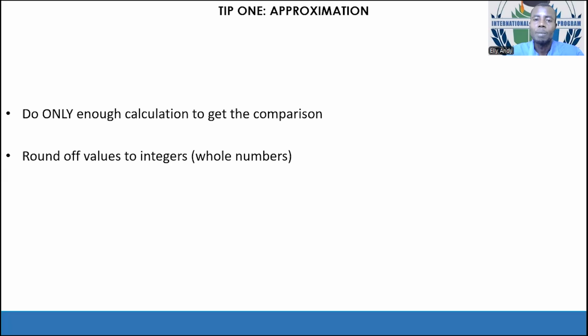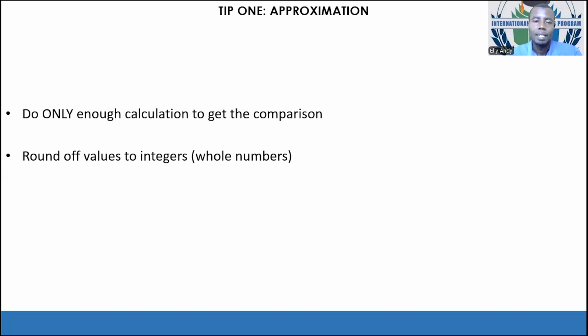Most questions you should be able to tackle in approximately a minute or a minute and a few seconds, depending on the difficulty level, right? And so given that you are dealing with time constraints, if you have to do every calculation until you get to the exact or accurate answer, you'll be wasting time.